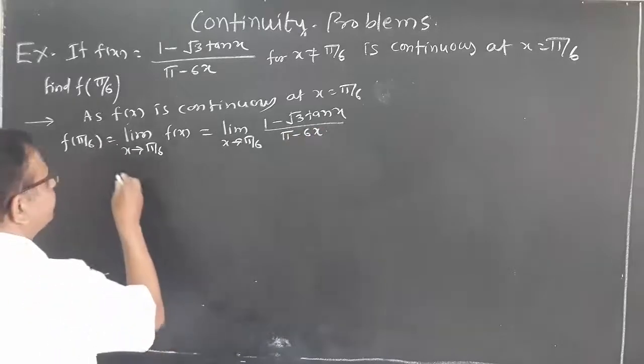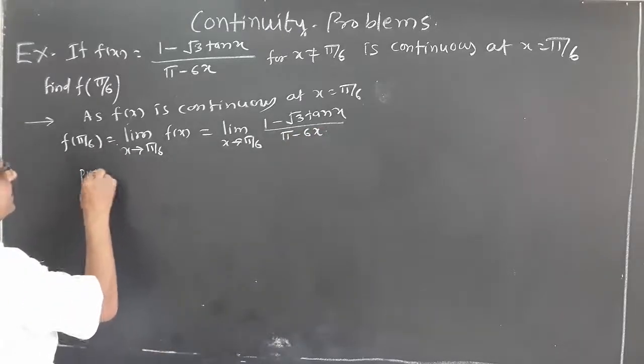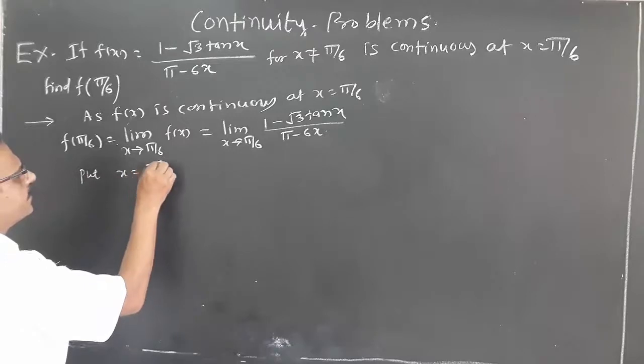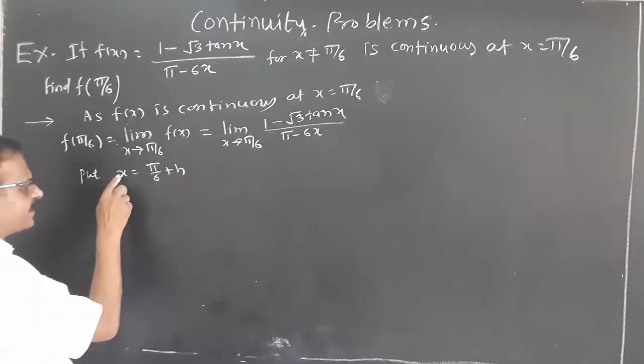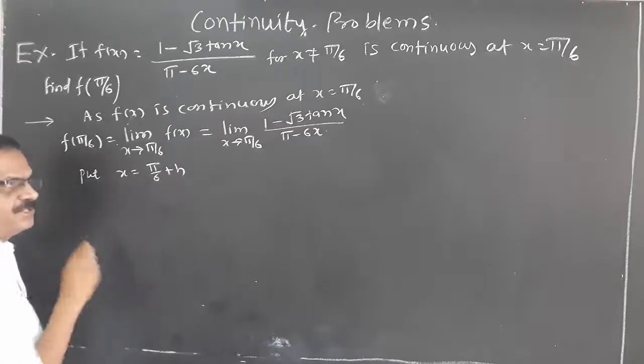We shall put x equal to pi by 6 plus h. That means if x tends to pi by 6, this h tends to 0.